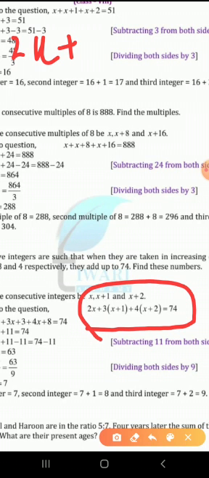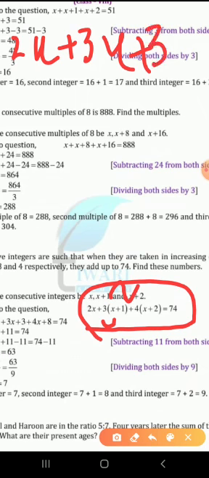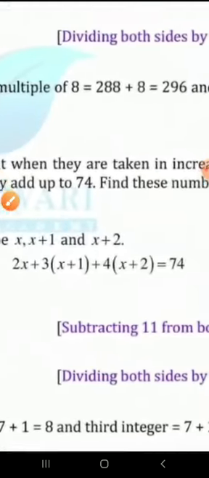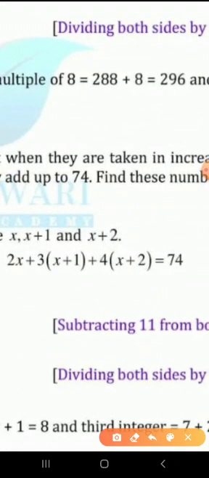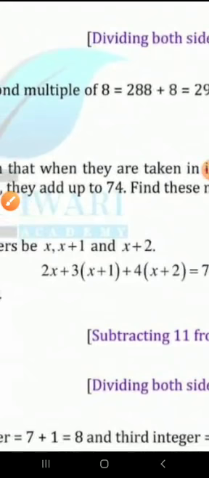We will use the distributive property. 3 will be multiplied with x, it becomes 3x, plus 3 multiplied with 1, that is 3. The same property applies here: 4 multiplied with x becomes 4x, plus 4 into 2, it becomes 8.